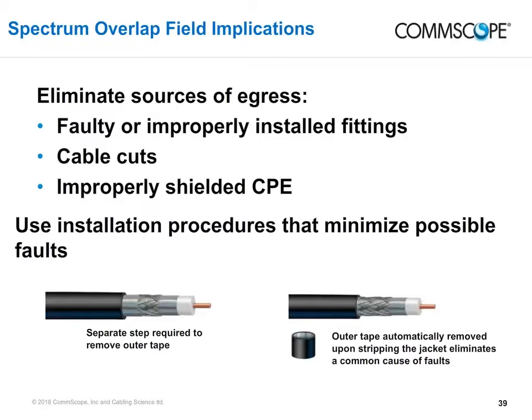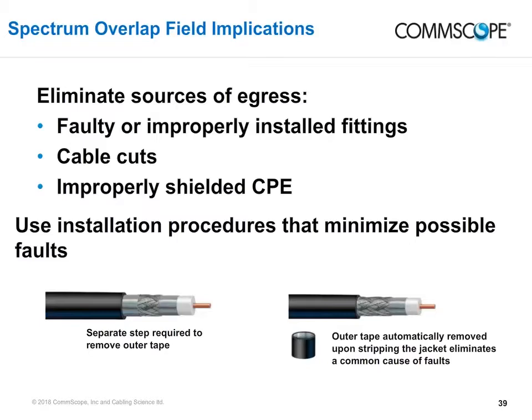While a large part of plant prequalification and maintenance is to ensure sources of signal egress are identified and fixed, the best way to avoid leakage in cable plant is to use proper installation procedures and use of cable that minimizes the possibility of faulty connector installation.